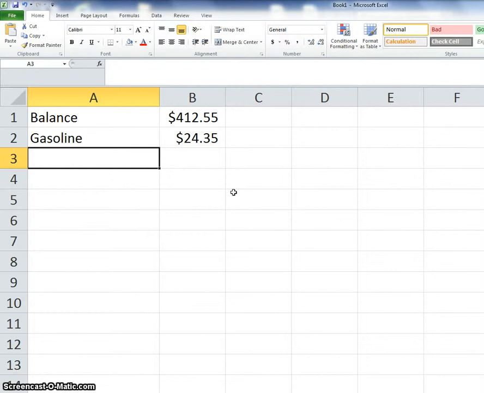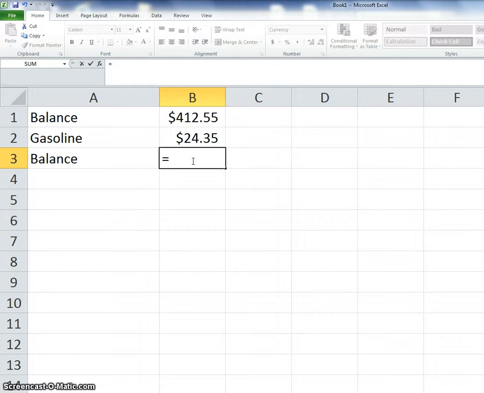So now I want to know what my new balance is. I'm going to type balance in, because I want to subtract what I spent from what I had. You know that we're going to click where we want our answer and type equals. Now we don't want to put $412.55 minus $24.35. We want to use the cell names.